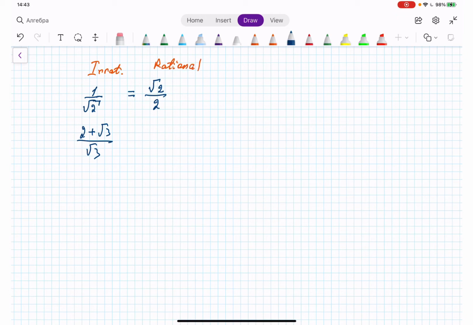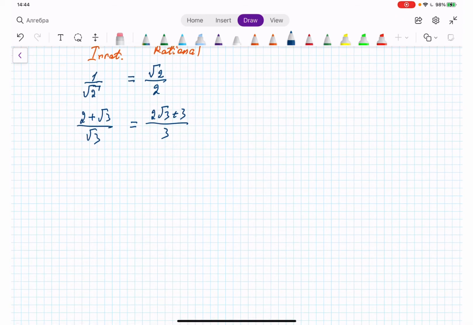The rational version of this, if we rationalize, is going to be 2 square root 3 plus 3 over 3. And don't worry, I'm not just dumping the result, I'm going to cover how we get there.